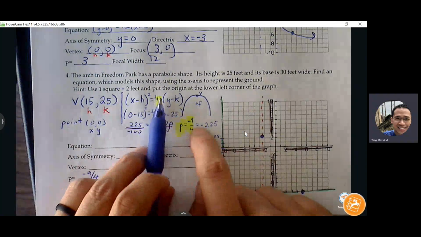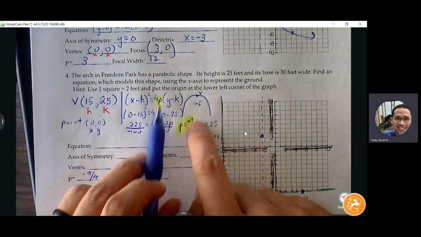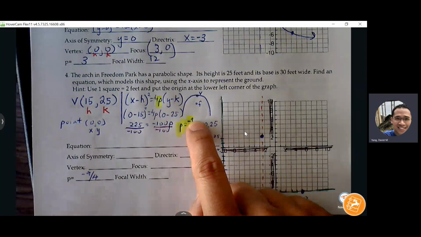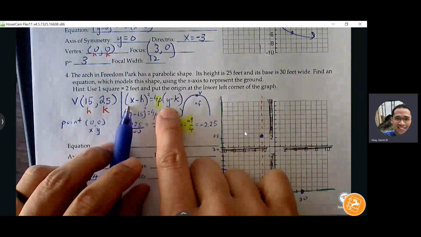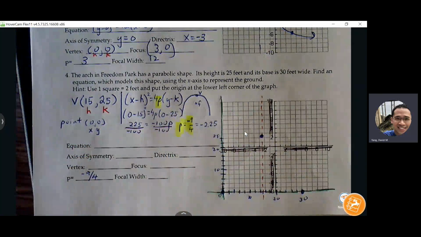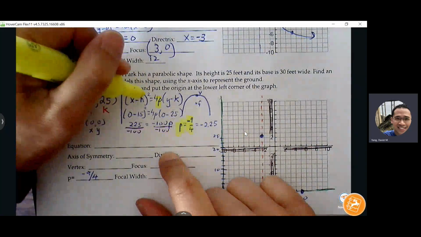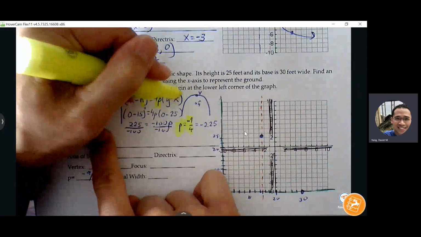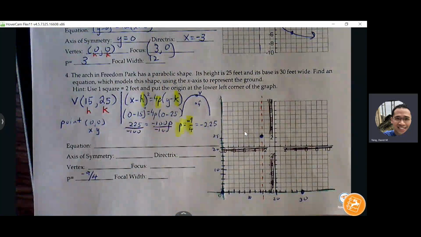The fours will cancel out because one's in the numerator, the other's in the denominator. All I'm left with is a negative 9. And then when you write your equation, you're only filling in the p, the h, and the k. We're no longer going to use the 0, 0 anymore. It's just temporary. Temporarily, we used it to solve for p. After that, we're not going to use that ordered pair.